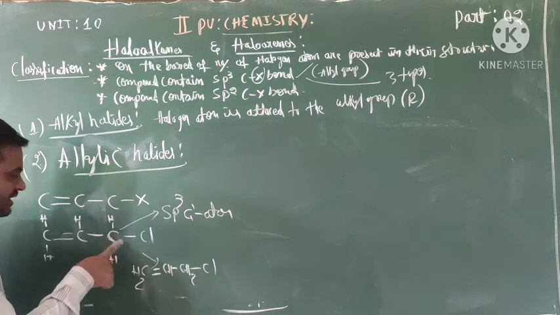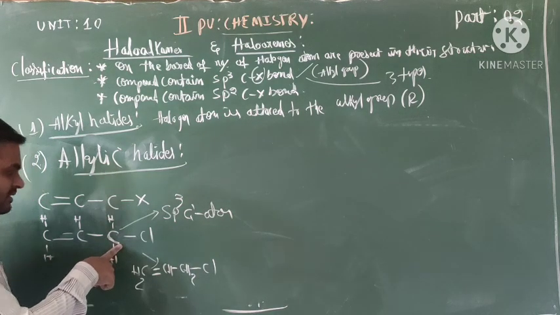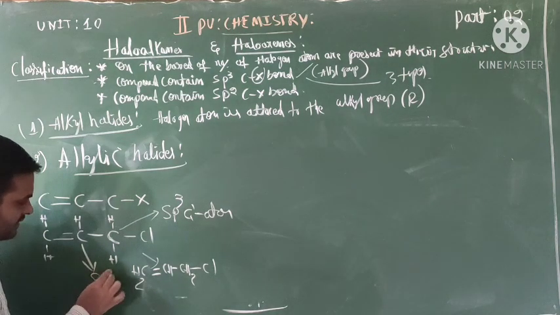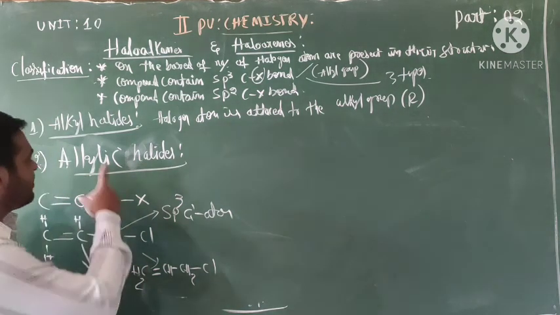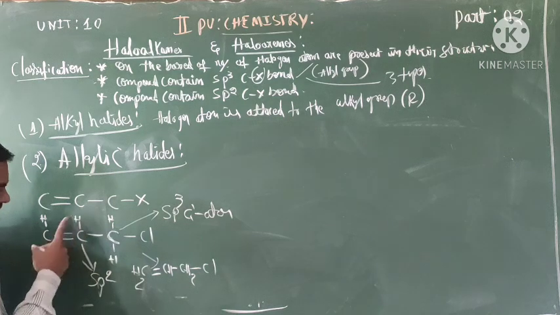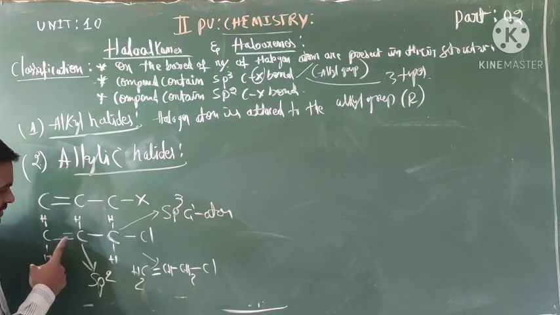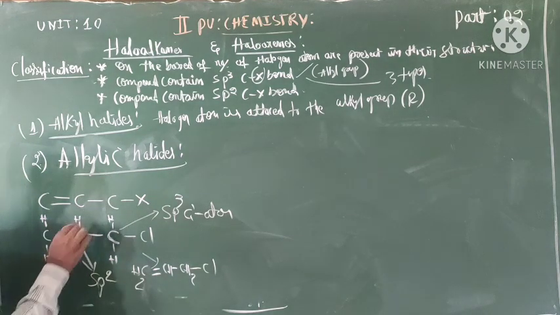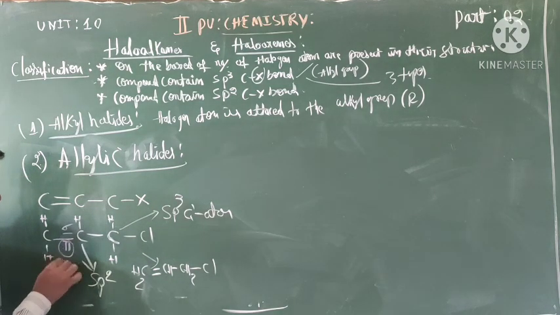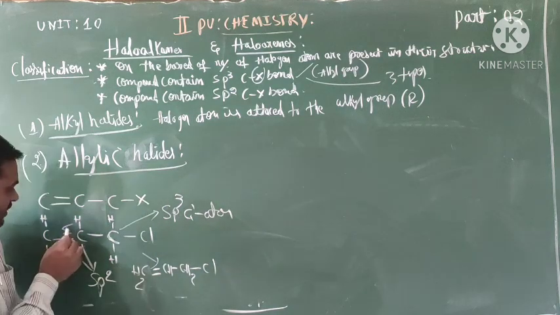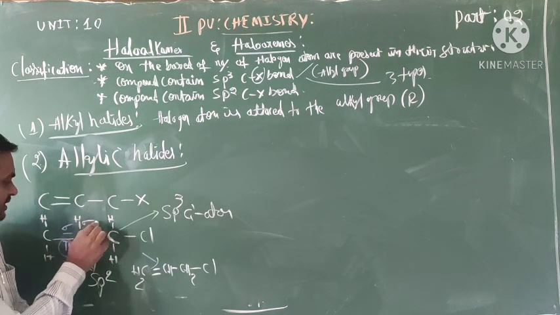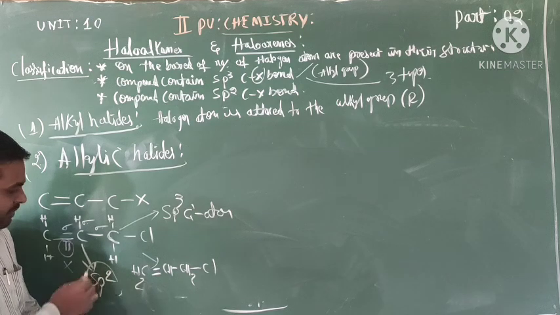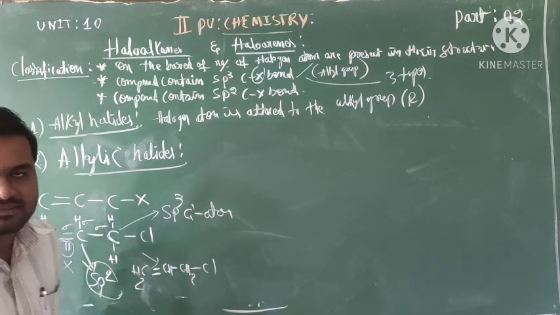This sp3 hybridized carbon atom is bonded with the sp2 hybridized carbon atom, and it is called an allylic halide. See here, in this carbon atom, two bonds are present: one is a sigma bond, another is a pi bond. Pi bonds are not considered in hybridization. So 1, 2, 3 sigma bonds, 3 means 1 plus 2, sp2 hybridized carbon atom. Clear?